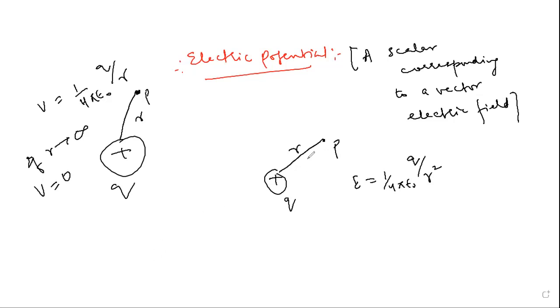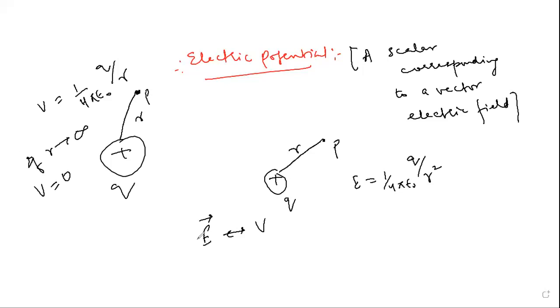So every charge distribution is surrounded by electric field. I mean to say, at every point surrounding a positive or a negative charge or any kind of charge, there exists electric field, which is a vector. Similarly, surrounding any charge distribution, there exists electric potential, which is a scalar. So E is a vector, electric potential is a scalar, right?